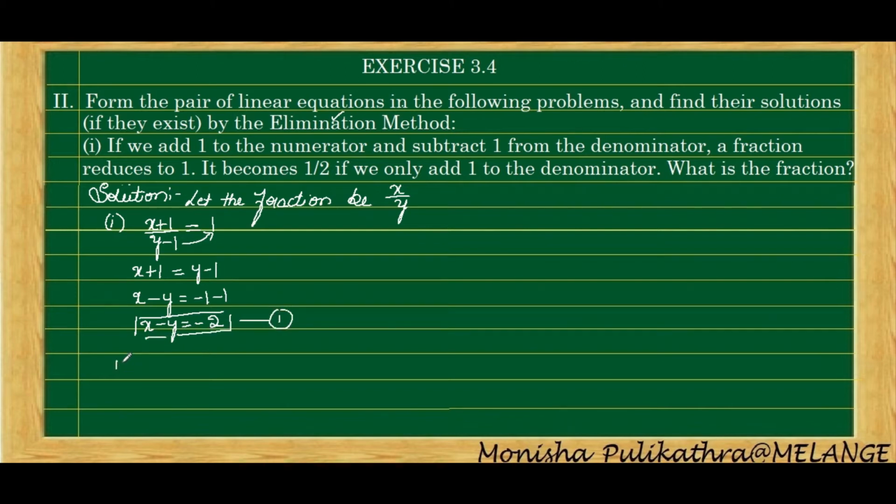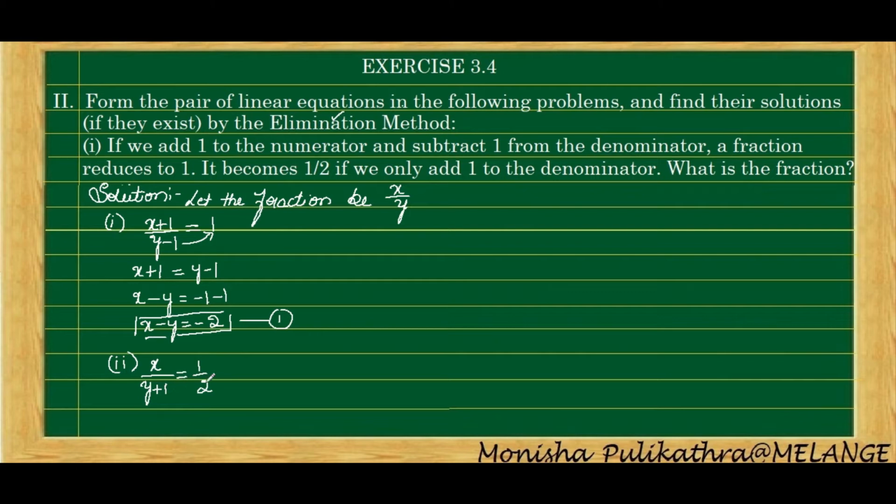Okay, so next, second, read out the question again. The fraction becomes half if we add 1 only to the denominator. So this is the statement of the second equation.